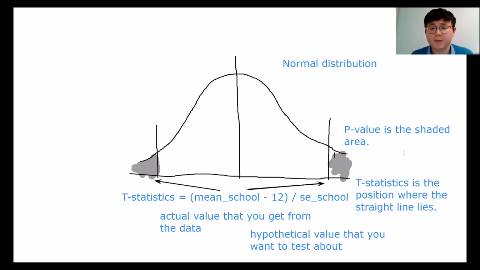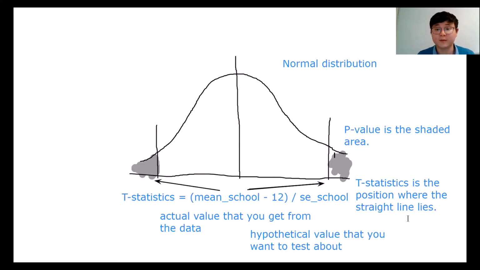So basically, t-statistics and p-value talk about the same thing. For example, if the p-value is 0.05, it means that the shaded area is 0.05, and the t-statistics 1.96 is here, and then minus 1.96 here. So basically t-statistics and p-value are talking about the same thing.